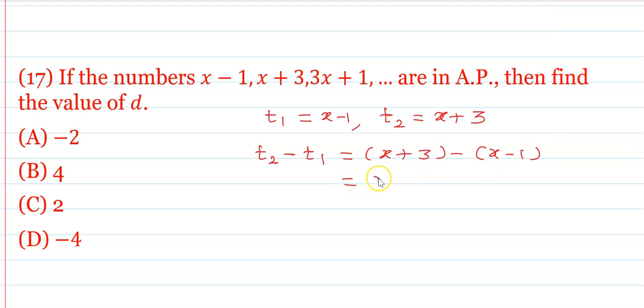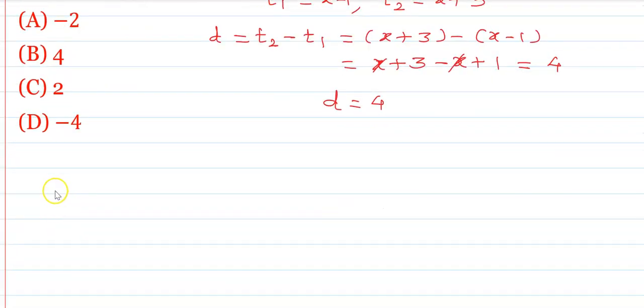After simplification, x plus 3 minus x plus 1, x and minus x get cancelled. 3 plus 1, and you will get 4. This is D. The value of D is equal to 4, and therefore option B is the correct one. Therefore we will write here the sub question and the correct answer, that is B.